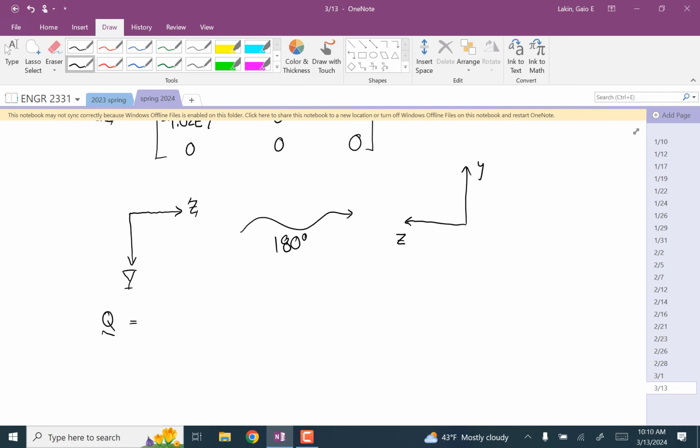This is a rotation about the x-axis, so this is going to be 1, 0, 0. 0 is down here. And then cosine of 180, sine of 180, negative sine of 180, cosine of 180.